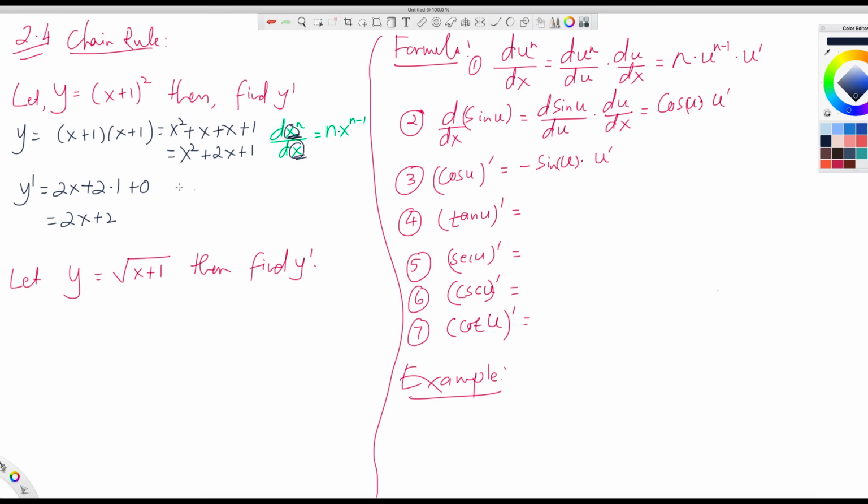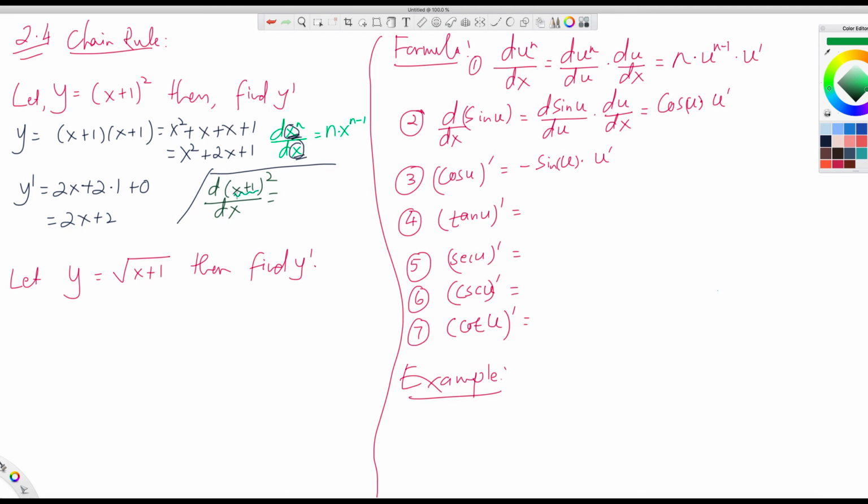For example, look at this case, (x plus 1) squared. Let me write it a slightly different way. Suppose you are writing this derivative as d over dx of (x plus 1) squared. You cannot use that formula directly. Why not? Because it is like x to the n, but that x is x plus 1.